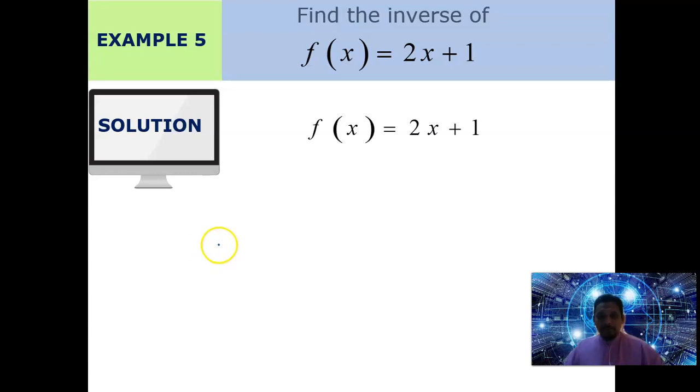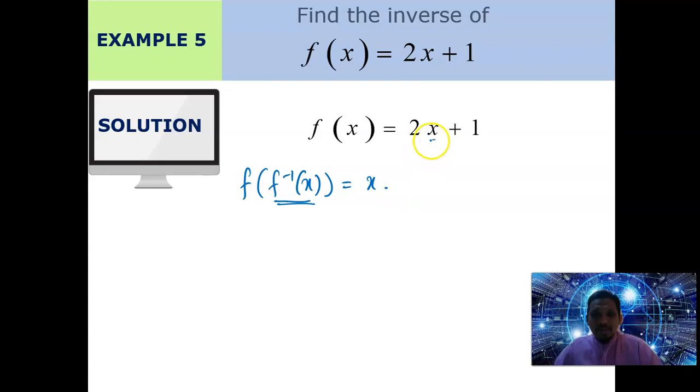So then f of f inverse of x equal to x. Just imagine that if we use the definition to find this, we are going to substitute this function of f inverse into x of the function f.